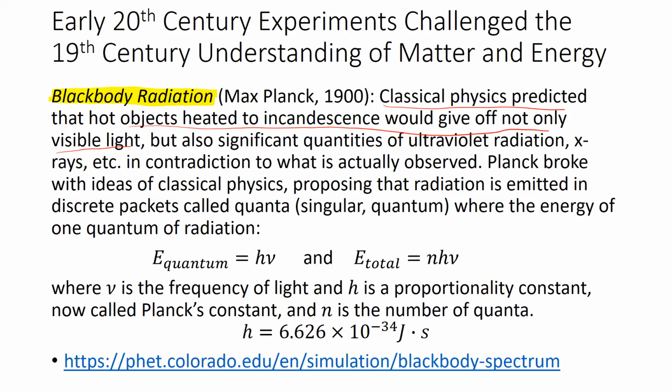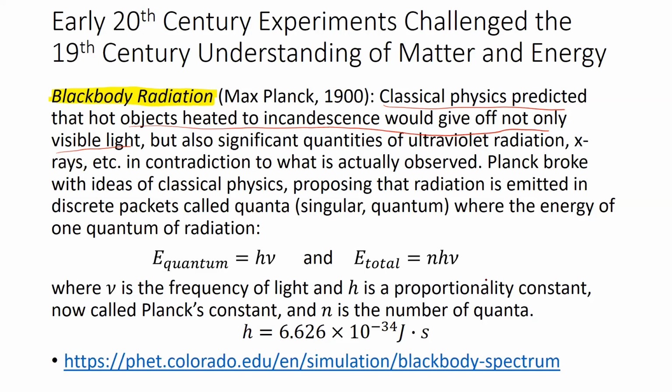Classical physics says, yeah, it's giving off this light that we can see, but it has to be giving off all kinds of energy that we don't see with our own eyes. And so what happens is it would give off tons of energy very, very quickly, and that isn't what actually happens.